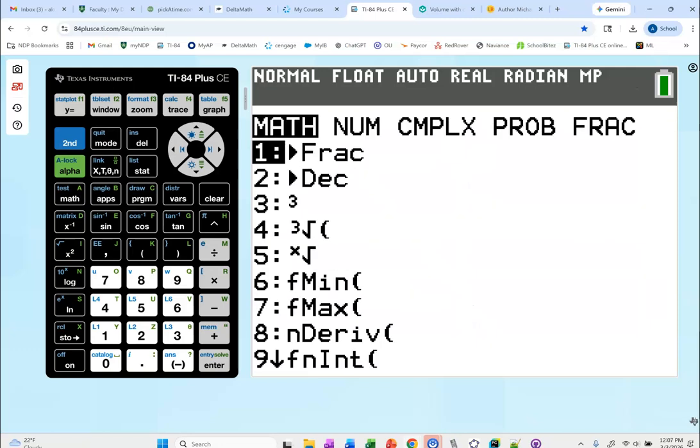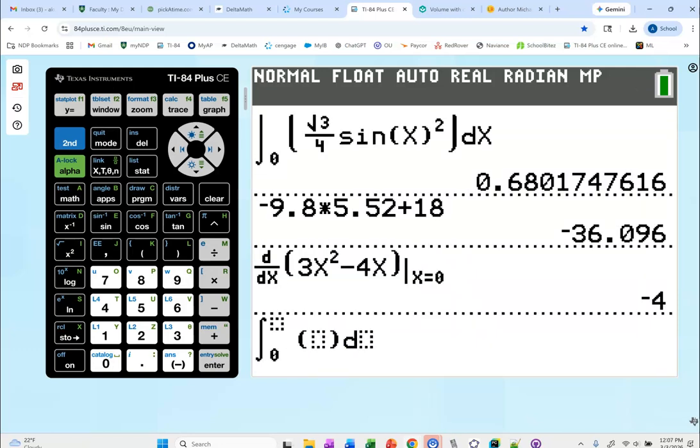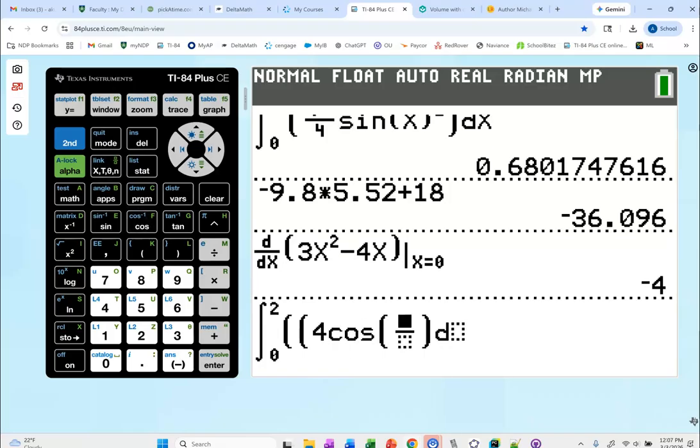So we're going to do the integral from 0 to, was it 1? 2? Okay. Of 4 cosine, is it 2 pi x? Who's got it? Just pi x? Okay.